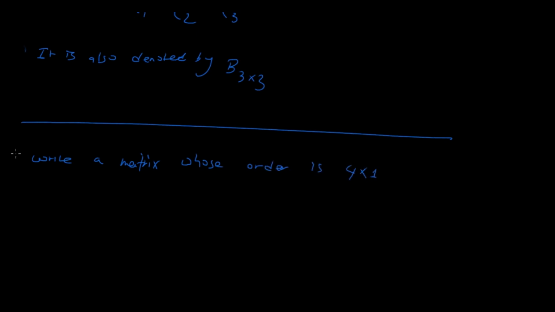Sometimes this type of question can be asked: write a matrix whose order is 4 by 1. So how to write it? Now let us consider the matrix is A. In 4 and 1, the 4 indicates rows and 1 indicates columns.